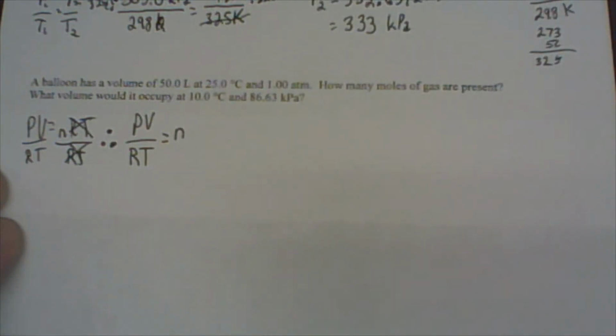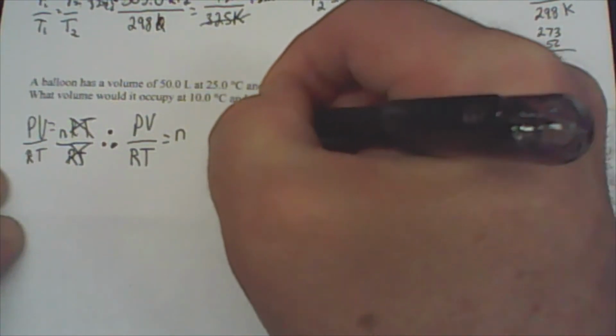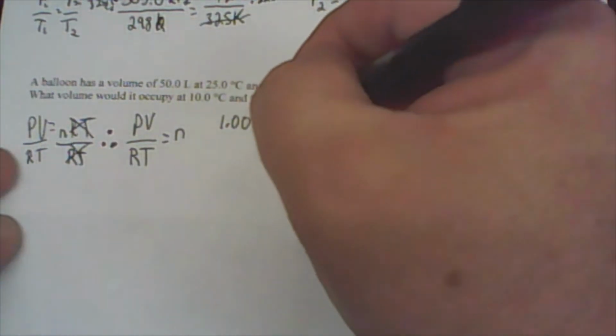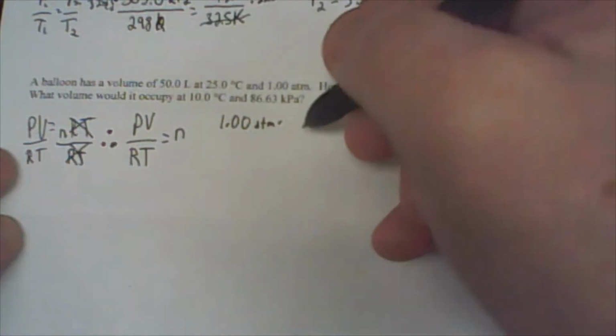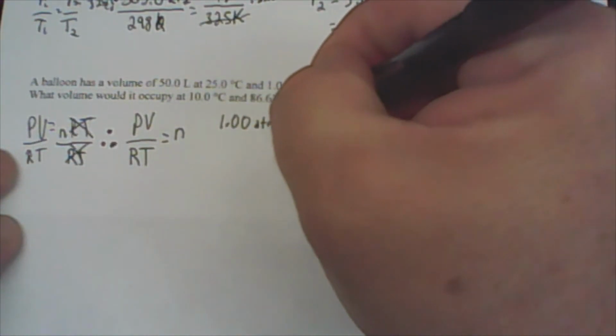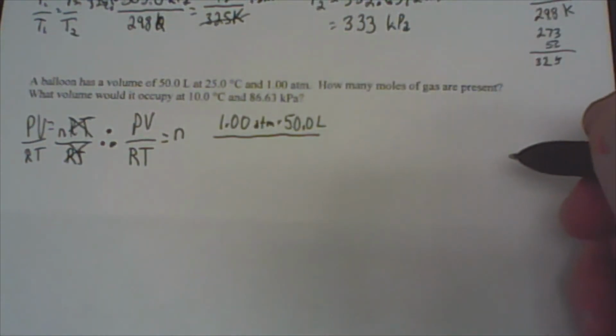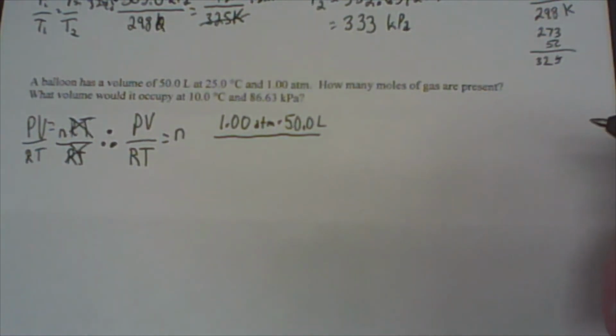So what is my pressure? My pressure is 1 atmosphere. That's good. I like that. 1 atmosphere is easy to work with. What's my volume? My volume is 50 liters. What value should I use for R? Well, looking back on the notes, the value for R should be what?